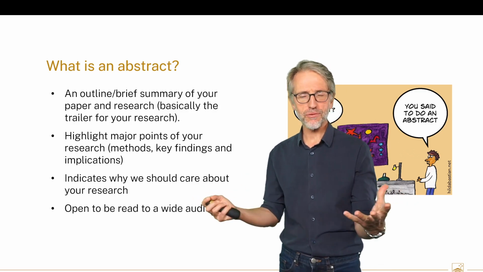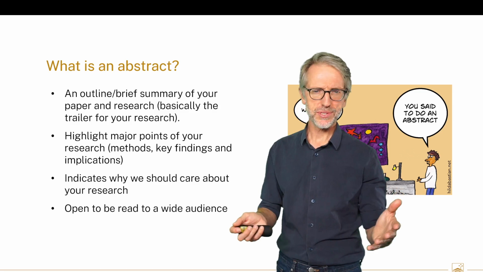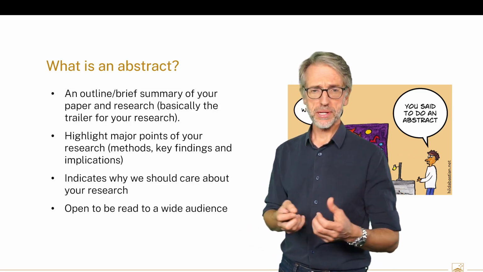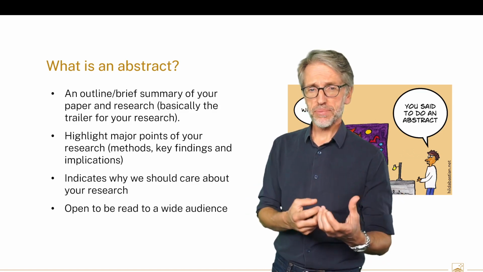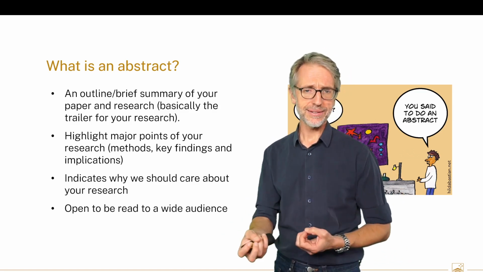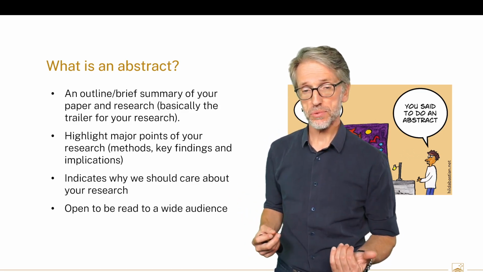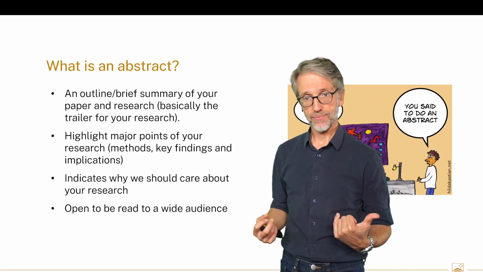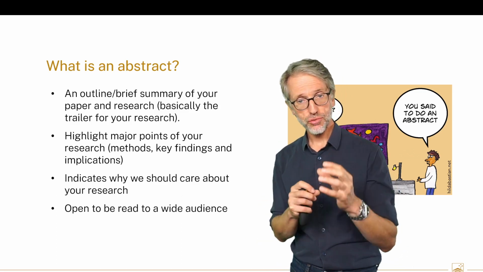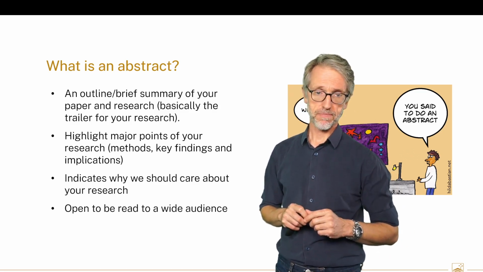Not in the long form, but it needs to provide, in one, maybe two sentences, the founding principle for the piece of work itself. Then briefly outline the methods, the key results, and the interpretations, the implications that flow from those results in the discussion. So all of the elements of the paper, those sections, drawn together into one single, simple summary.